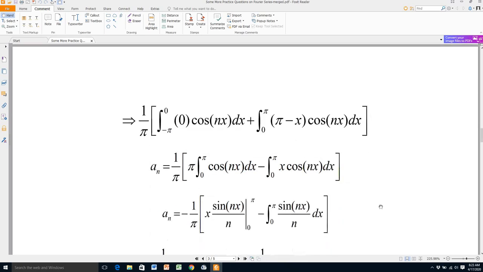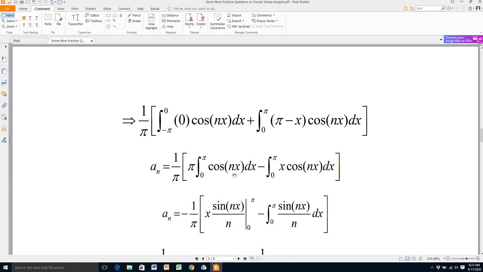The first integral becomes 0, and I split the second one: 1 over pi times the integral from 0 to pi of pi cos nx minus the integral from 0 to pi of x cos nx dx.